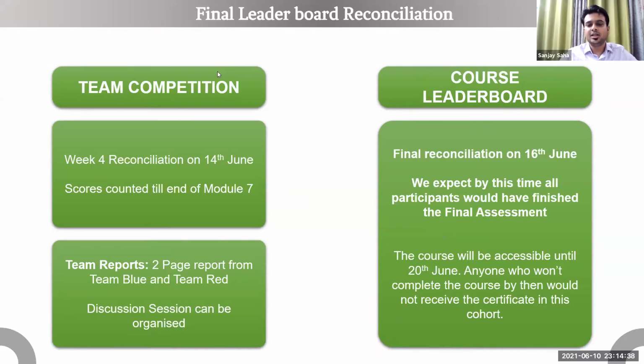From 16th June until 20th June, the course will still be accessible. If you are still behind, you can still finish the course, and we will still give you the certificate if you finish the course by 20th of June.